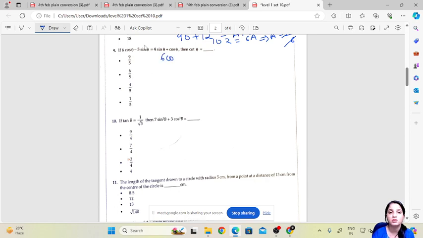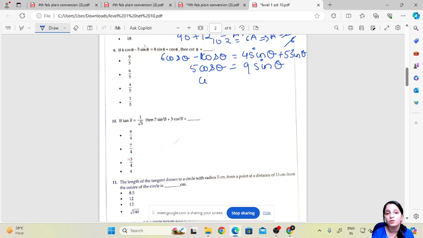So 6 cos theta, this plus cos theta goes on the other side, becomes minus cos theta, equal to 4 sin theta, minus becomes plus 5 sin theta. 6 minus 1 is 5 cos theta equal to 9 sin theta. Now we want the value of cot theta, right? So when I take cos theta upon sin theta, I'll get my cot value. So it will be 9 upon 5, which is cot theta equal to 9 upon 5.